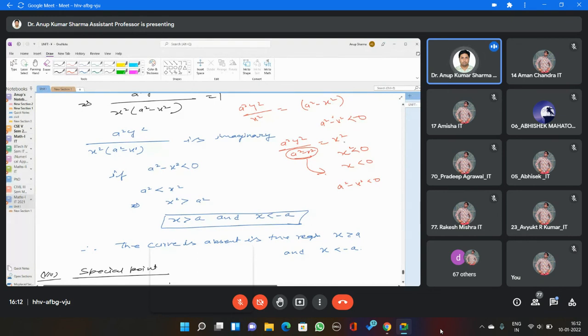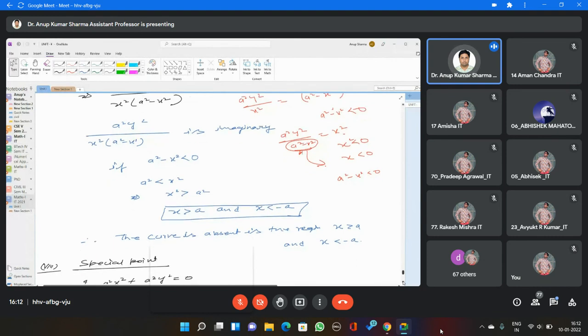Whether x square is negative also depends upon this one, because a square is there. So when a square takes 0, a cancels out here, and y is again plus minus x. So only this part is important. In this case, for all values of x we can check.